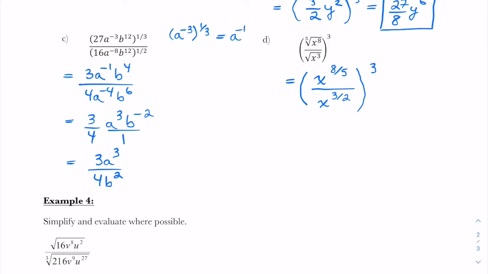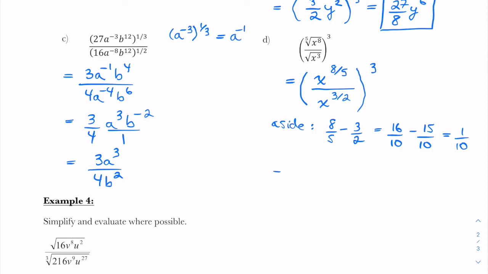So I'm going to do an aside over here. We'll keep the base of x and subtract our exponents. So that would be 8 over 5, take away 3 over 2. We can write this in terms of a common denominator as 16 over 10, take away 15 over 10, which simplifies to 1 over 10.